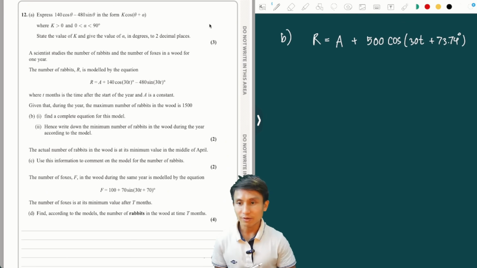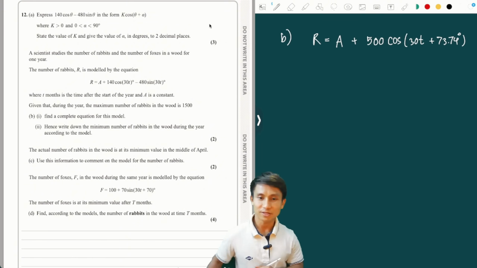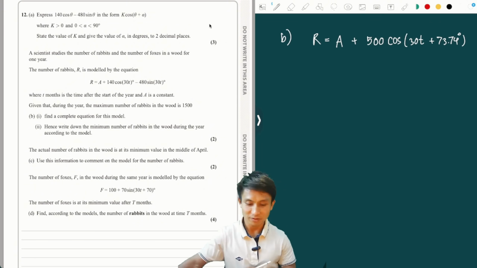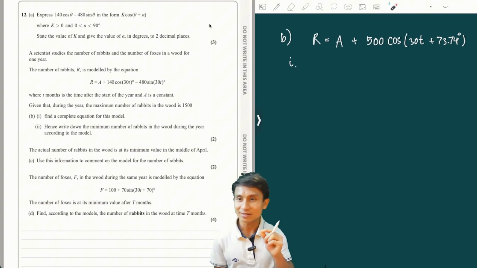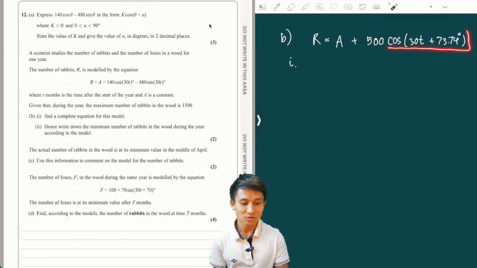Okay, given that during the year the maximum number of rabbits in the wood is 1500, find the complete equation for this model. All right, we have found that equation there. So the maximum is 1500. The maximum happens, and this is very key to doing this question, when this whole thing goes to 1, right?